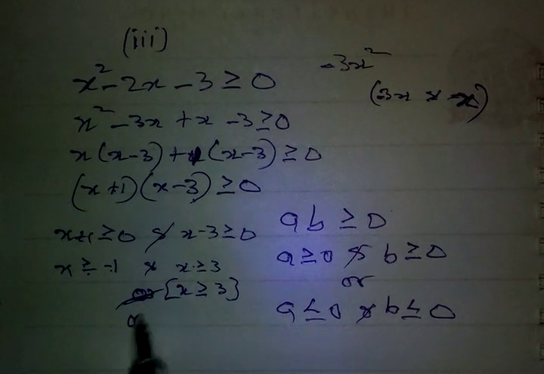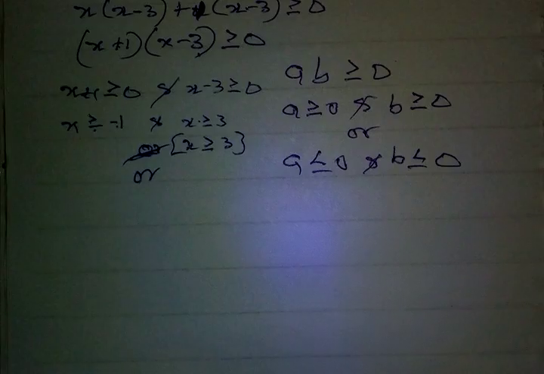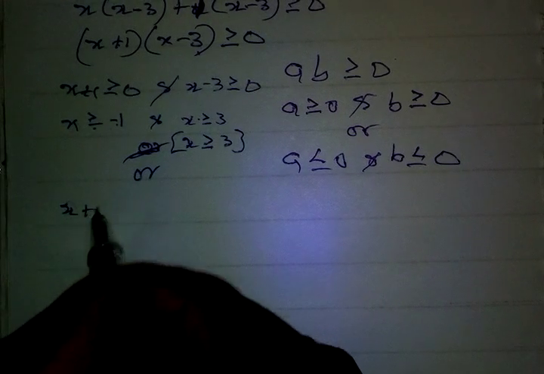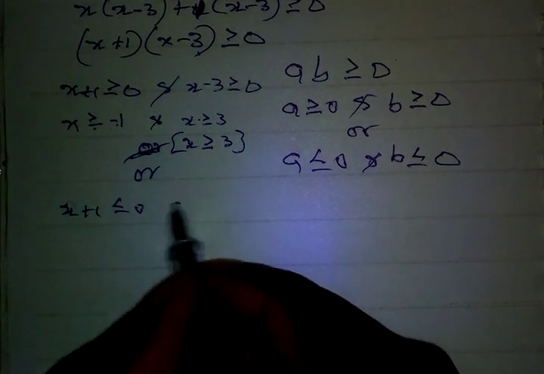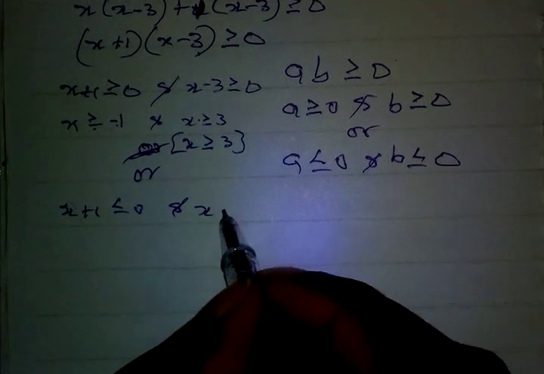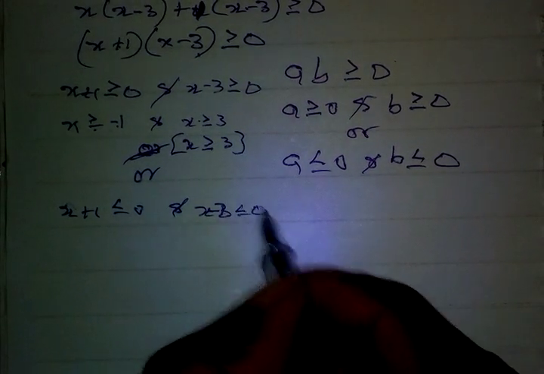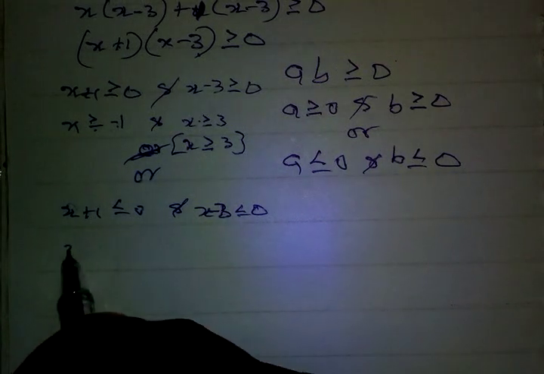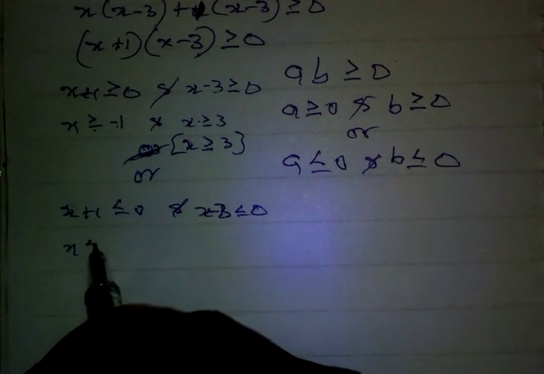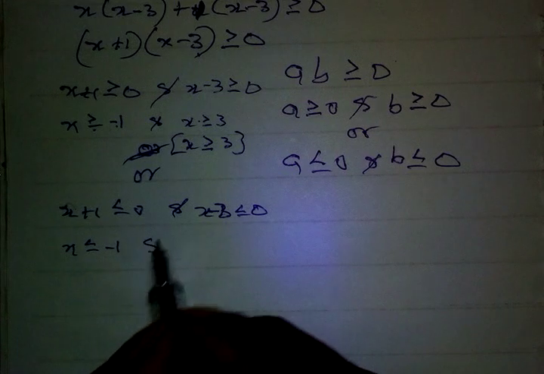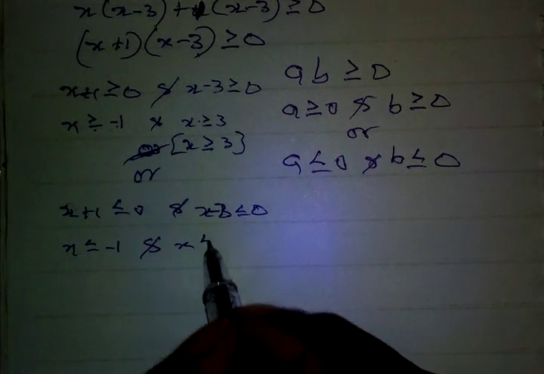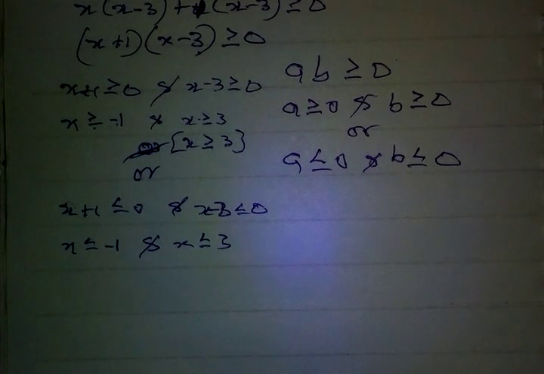So or x plus 1 is less or equal to 0 and x minus 3 is less or equal to 0. So in this case, we're having x is less or equal to negative 1 and x is less or equal to positive 3.